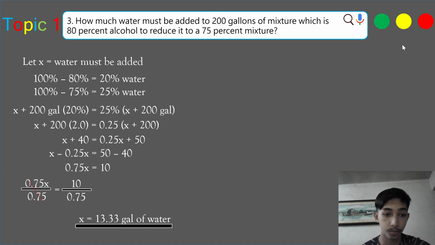So 0.75x is equal to 10. So we divide it. We cancel the 0.75 and 10 over 0.75. So x is equal to 13.33 gallons of water. That is the final answer.